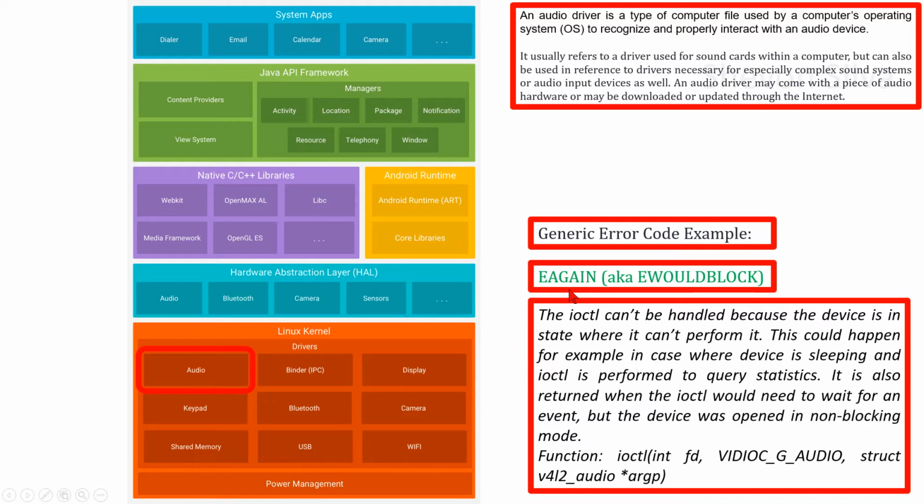It is also returned when the IOCTL would need to wait for an event, but the device has been opened in non-blocking mode. The function for this example is ioctl int VIDIOC_G_AUDIO struct v4l2_audio pointer.